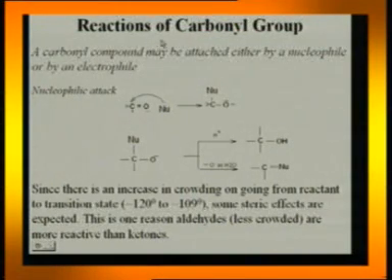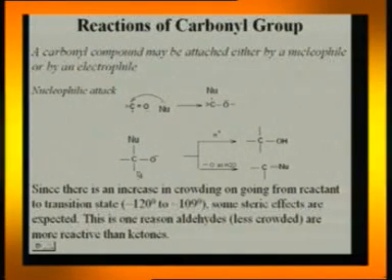Now, taking into consideration first the reactions of carbonyl groups, we said earlier these are attacked by a nucleophile, or there is a possibility of attack of the electrophile also. The reason being the carbonyl group has delta plus and delta negative both, and when it is a nucleophilic attack, then the attack is first at this carbon, with the nucleophile attached to this positive carbon, O negative left like this.